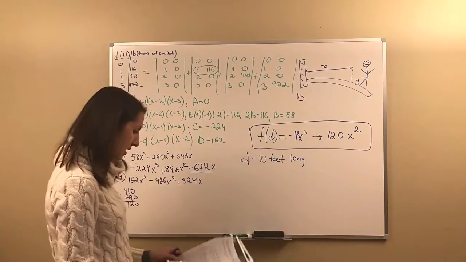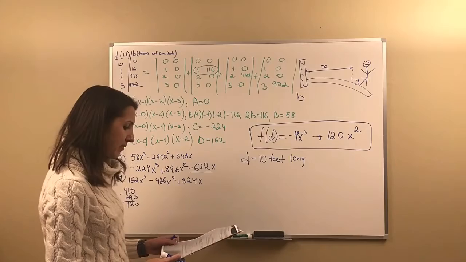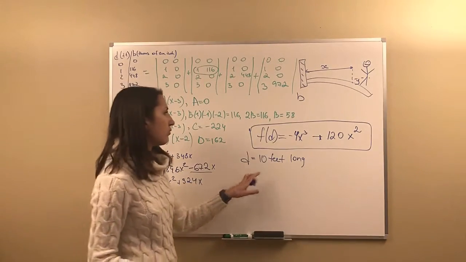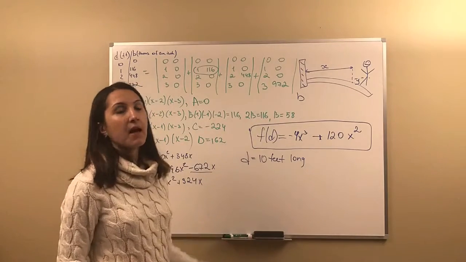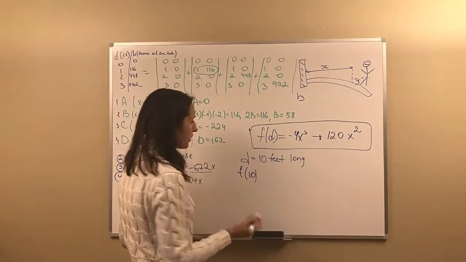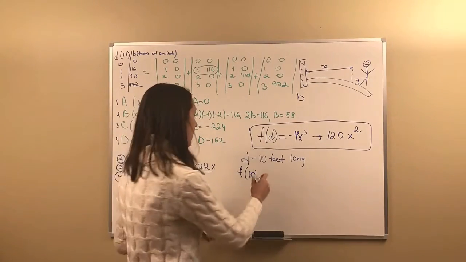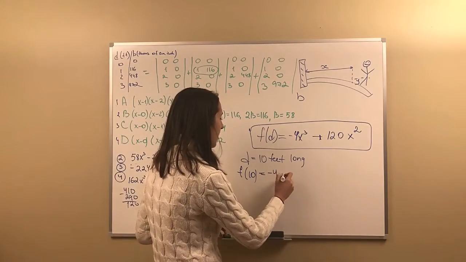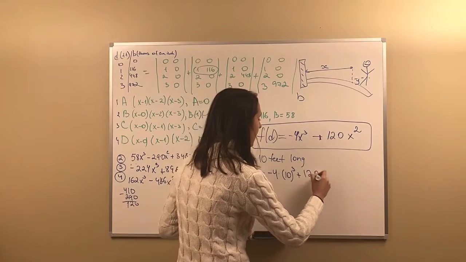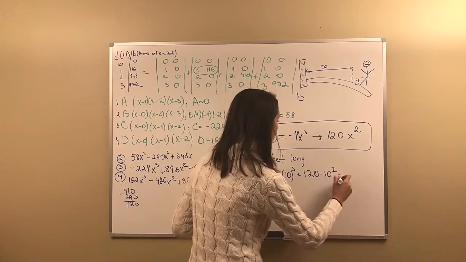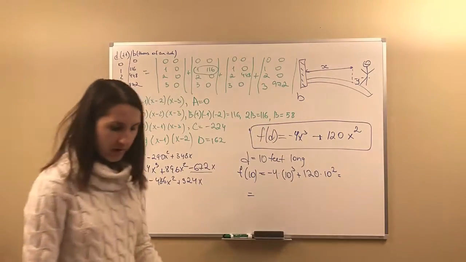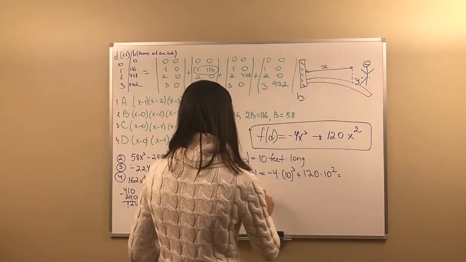How far does its tip sag below the horizontal? Since we already know the equation, we can easily find it by just plugging the value in. So our function of d, which is the amount of the bend, will be negative 4 times 10 cubed plus 120 times 10 squared. After the calculation, that value would be 8,000.